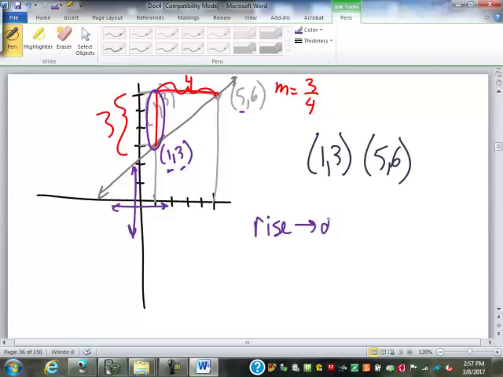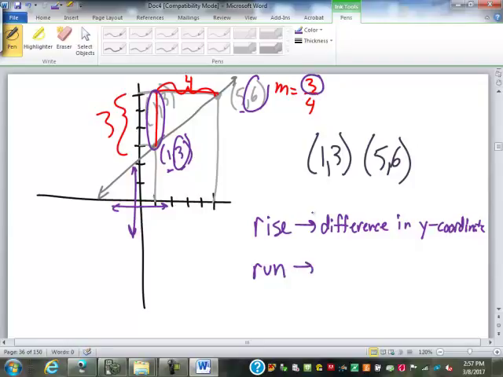So the rise is the difference in the y coordinate. So here we had the y coordinate from 3 to 6. That gave us that rise of 3. The run then would be described by the x coordinate. The run is the difference in the x coordinate.